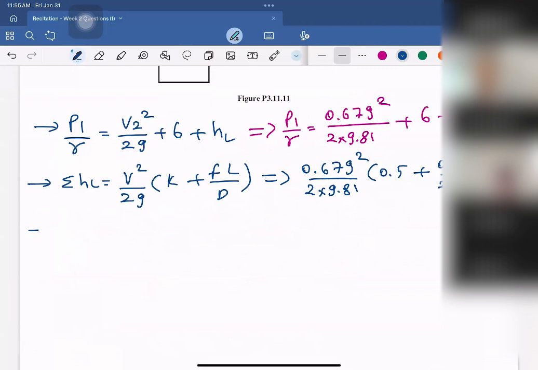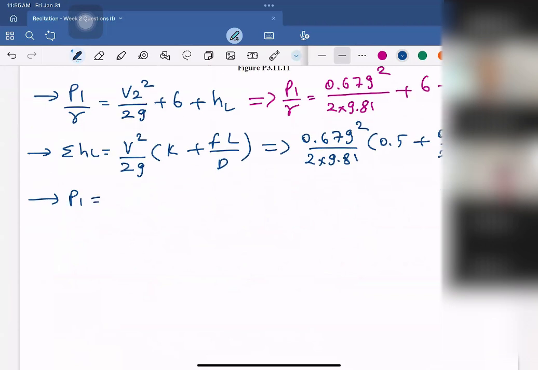Okay, from there you can calculate P1 as 0. So P1 over specific weight is 6.79 meters. But we need to find the pressure so that we will just multiply these two values. P1 is equal to 6.79 times the specific weight of oil.